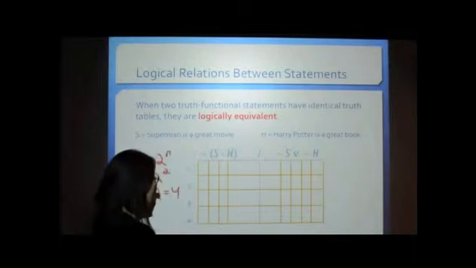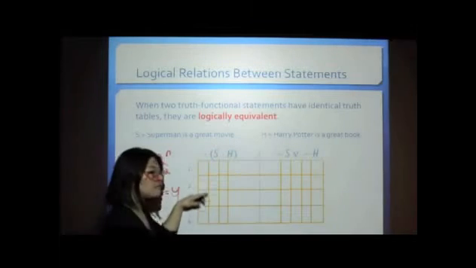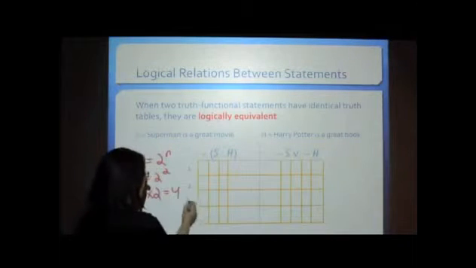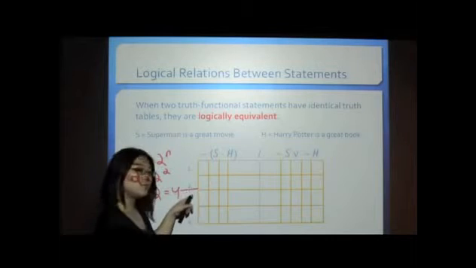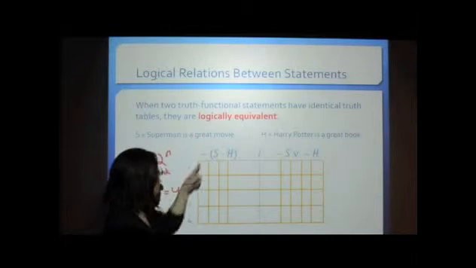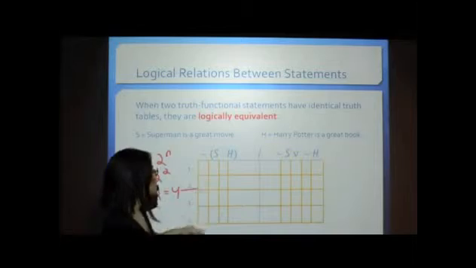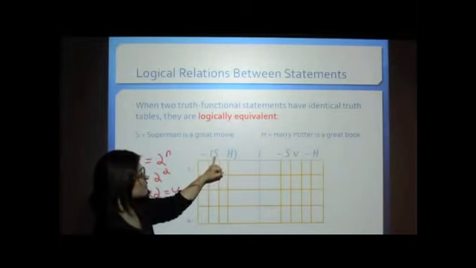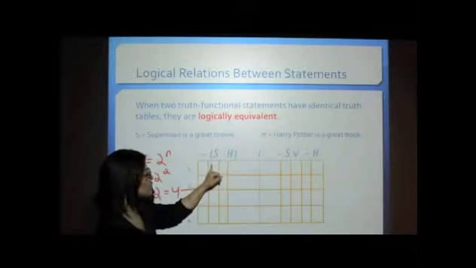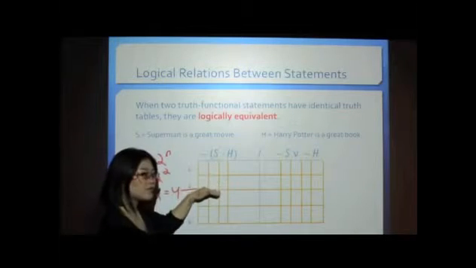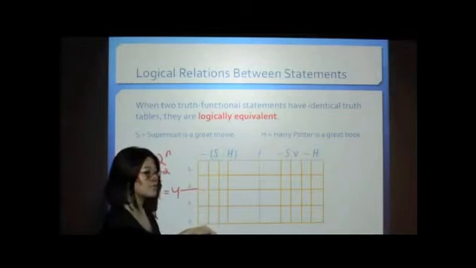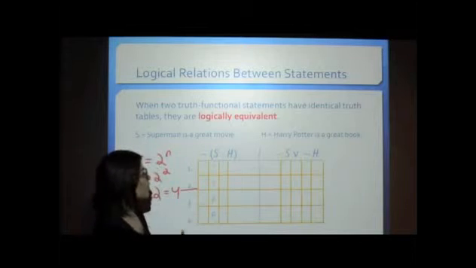You take, again, the number of lines that you have and you cut that number in half. This time, it's going to be 2. Then, you give the first distinct variable, so that's going to be this S, the truth values true, true, and false, false. So all true for the first half and all false for the second half. So this is what you'll have.